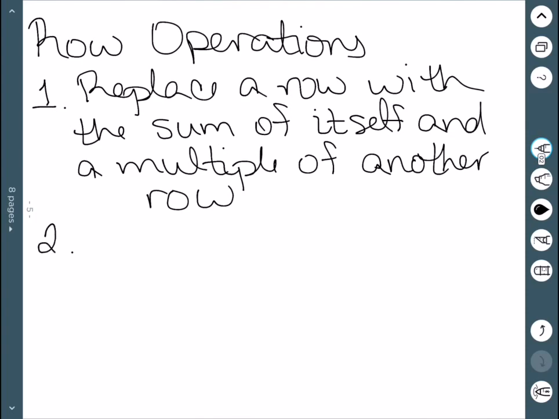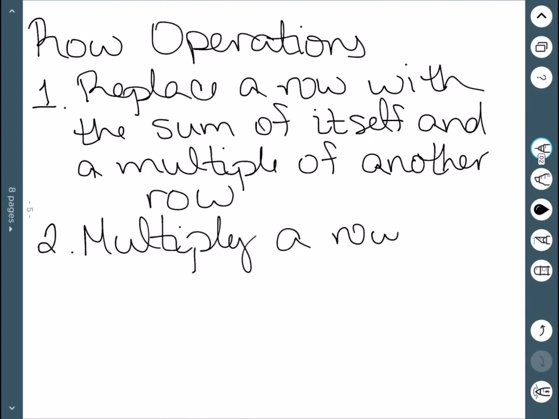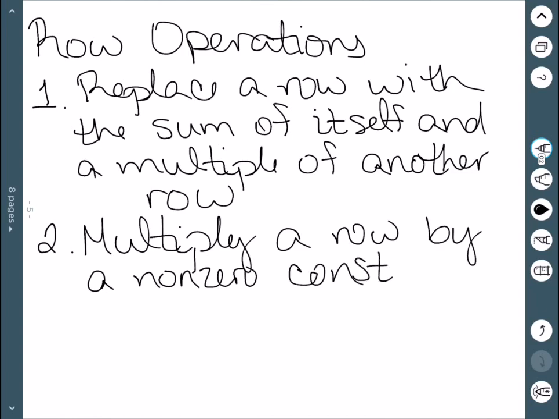The second one is that we can multiply the entries in a row by a non-zero constant. We did this one as well. At one point we had -5y equal to -10, and we divided by -5.